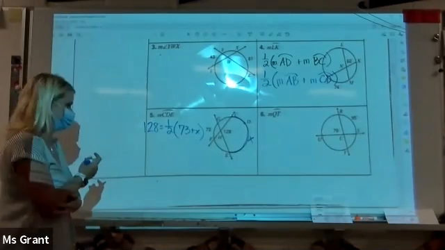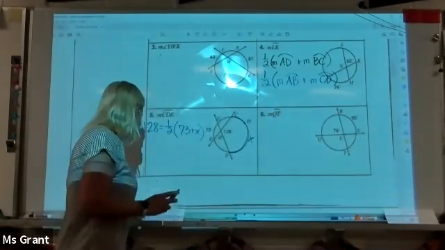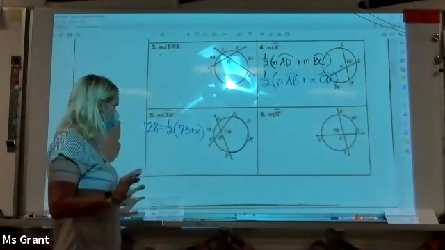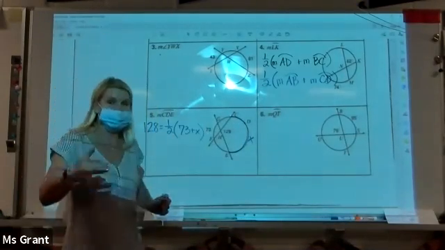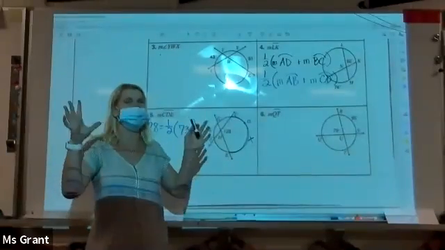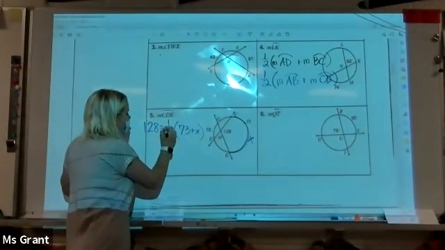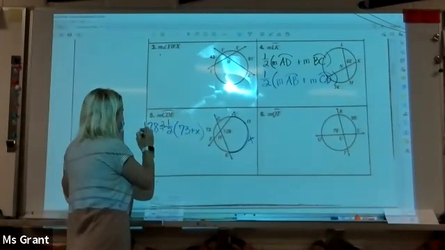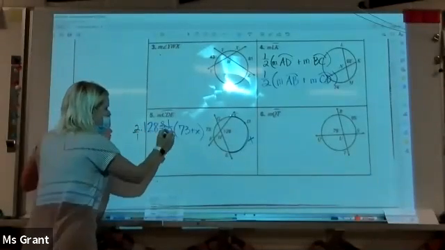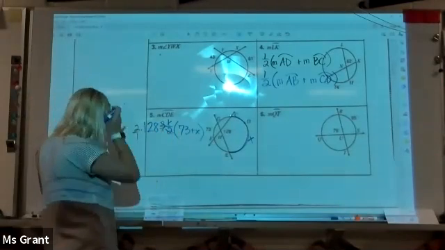Cool? Easiest way to solve this, don't distribute the 1/2, because 73 is an odd number, and cutting 73 in half, no way. Let's get rid of the 1/2 by multiplying by 2/1 on both sides.